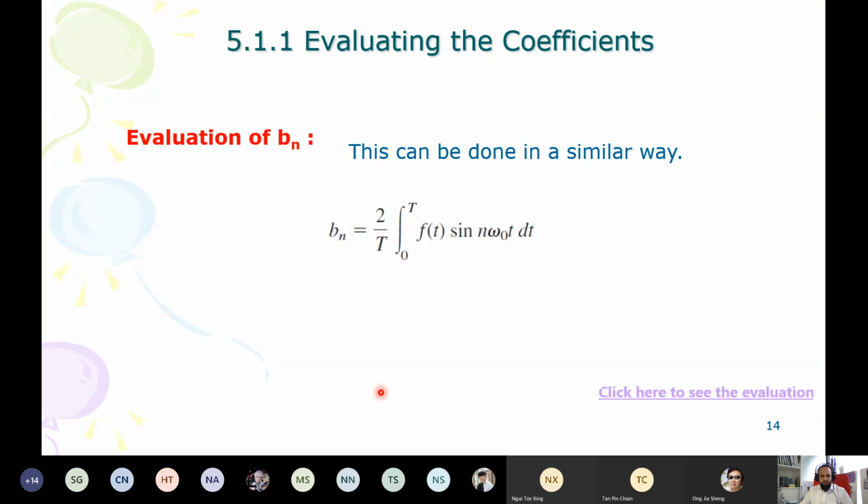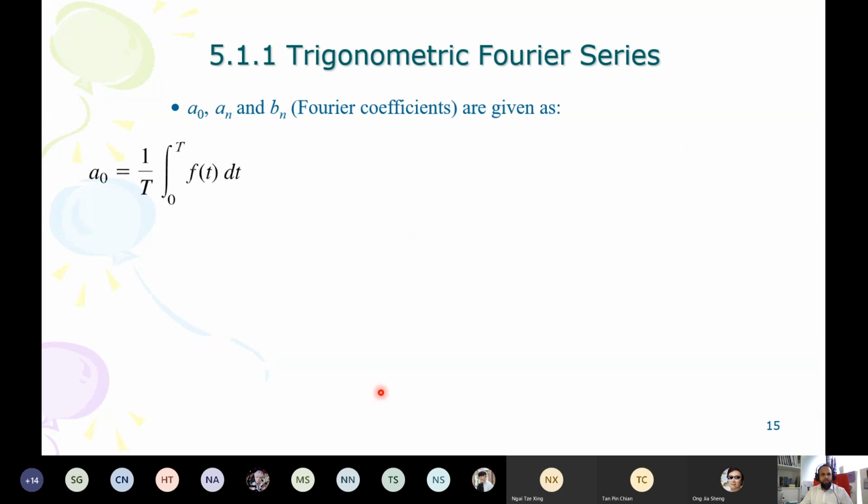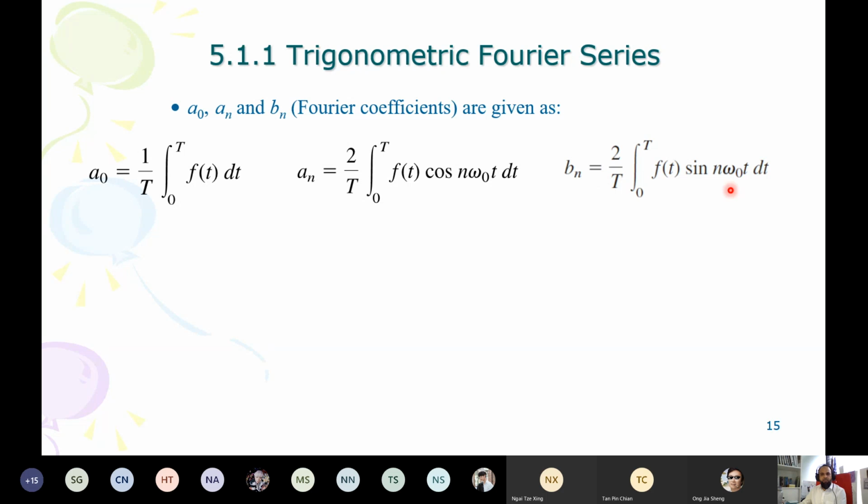A naught, I think I've compiled somewhere. Yeah, a naught is 1 upon T integral 0 to T f of t. So whatever function is given, put it in the integration, integrate from 0 to T and multiply by 1 upon T. We get a naught. For a n, multiply with cos n omega naught t and then integrate and multiply with 2 upon T, and for b n, multiply with sine n omega naught t.